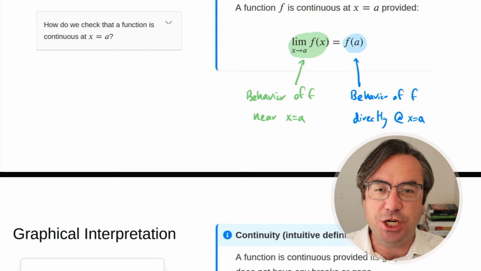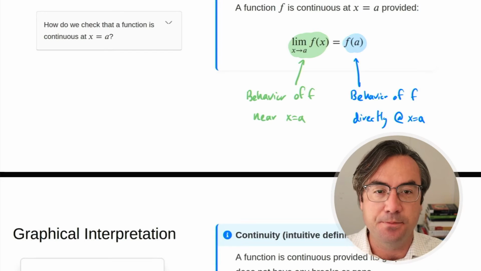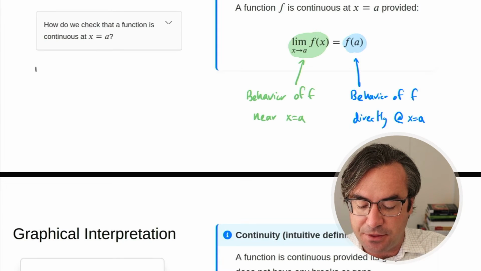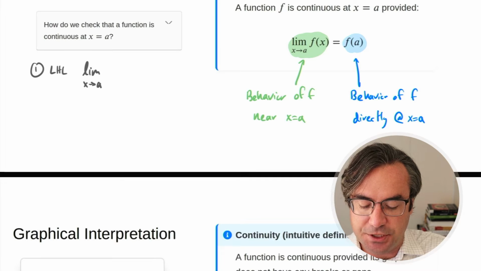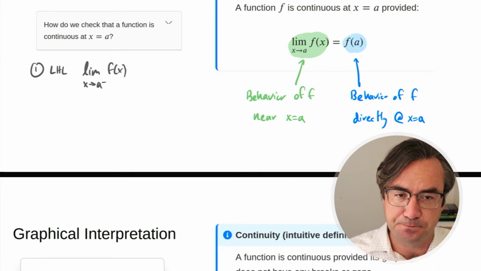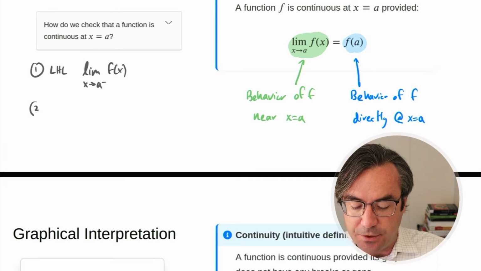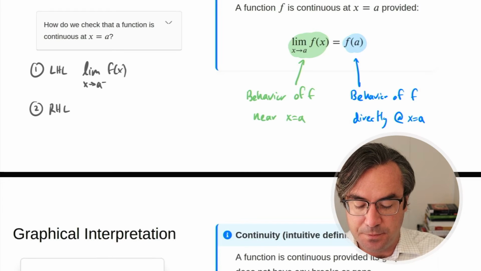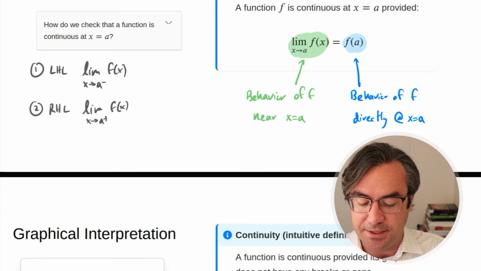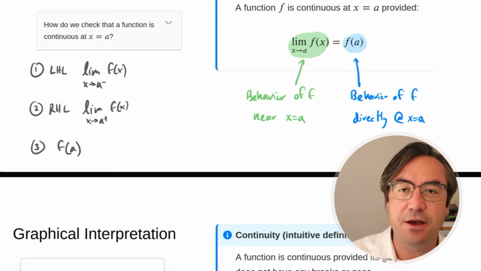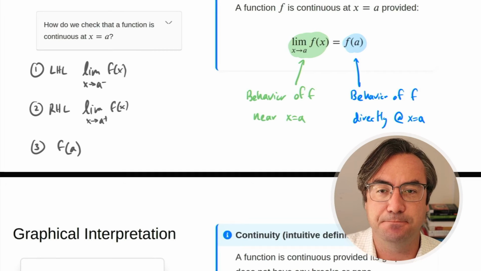How we actually check that a function is continuous is we need to do three things. We calculate the left-hand limit: the limit as x approaches a from the left of f of x. Then we look at the right-hand limit: the limit of f of x as x approaches a from the right. And the third thing is we look at our function value directly at x equals a.